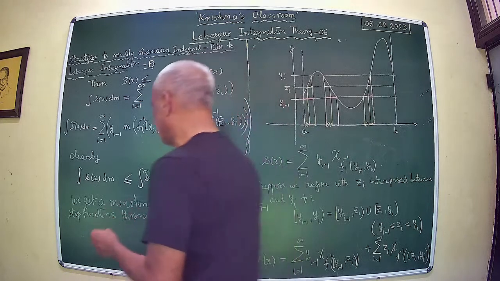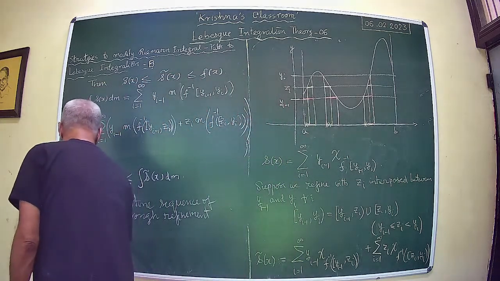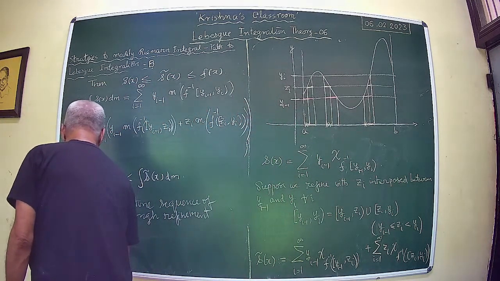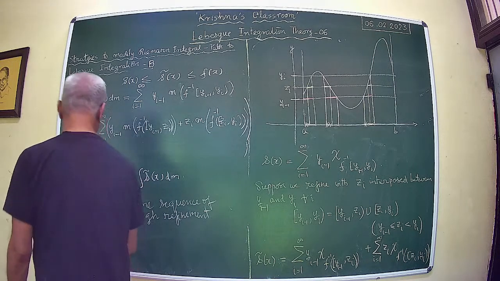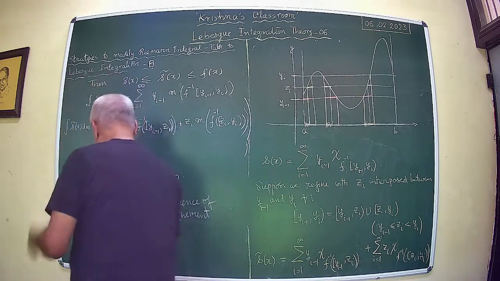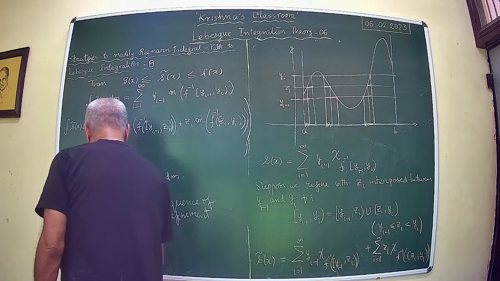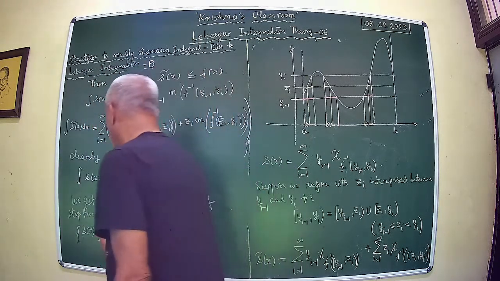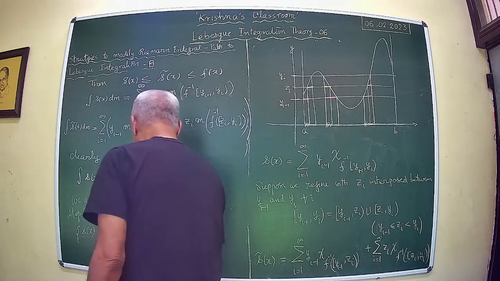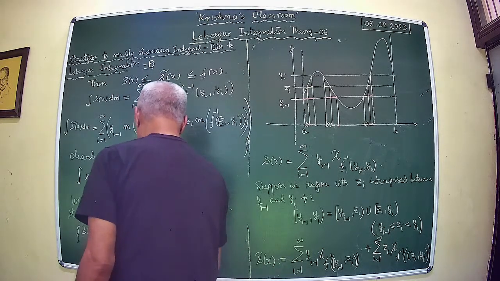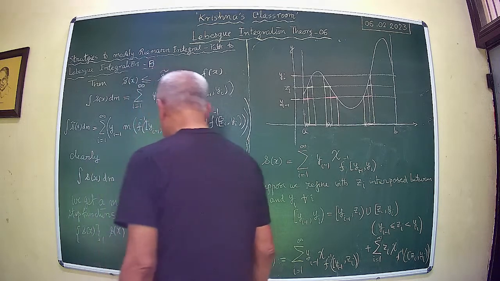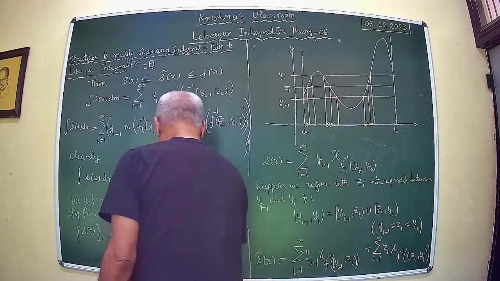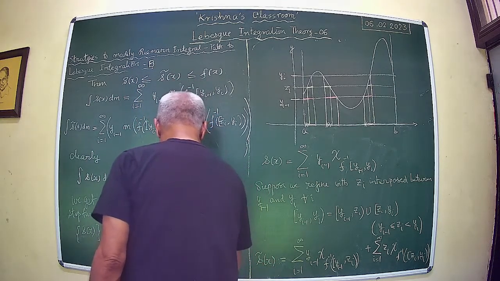So what you get is that you have a sequence Sx, and Sx is monotonically increasing and, at least it appears, converges to Fx.